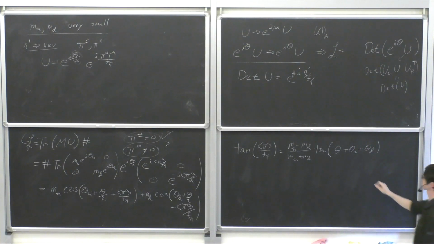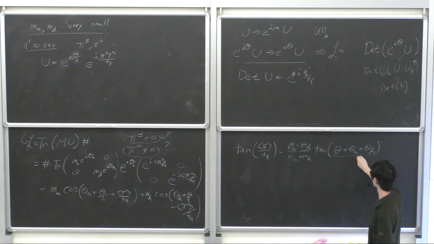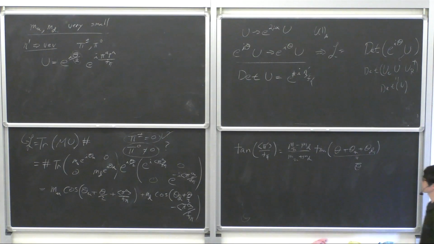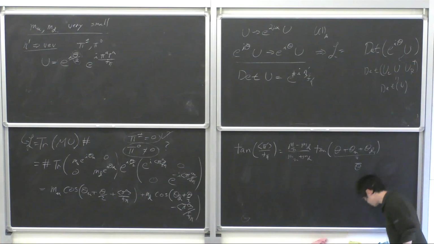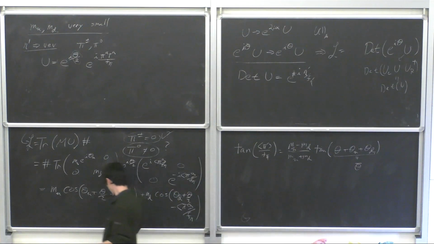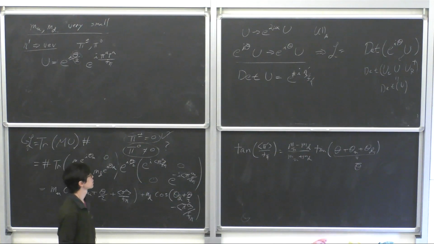Okay, so this combination is sometimes theta bar, and this is going to be the parameter that turns out to be very small. So, great.